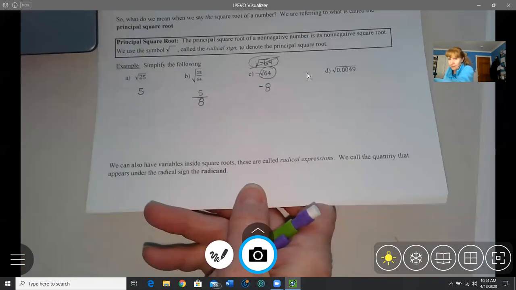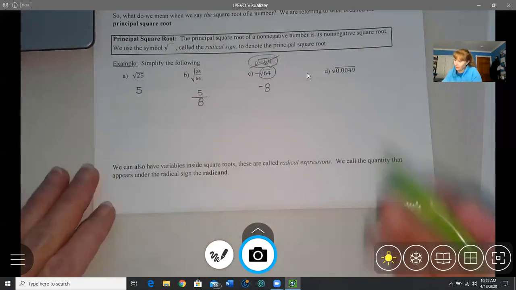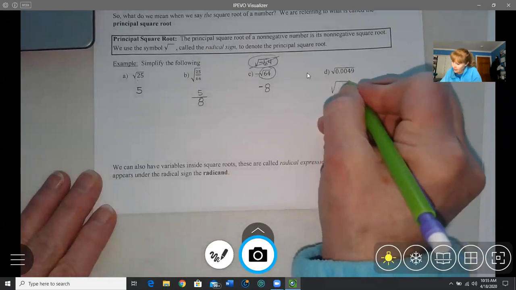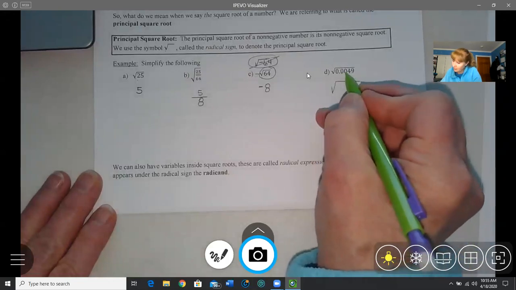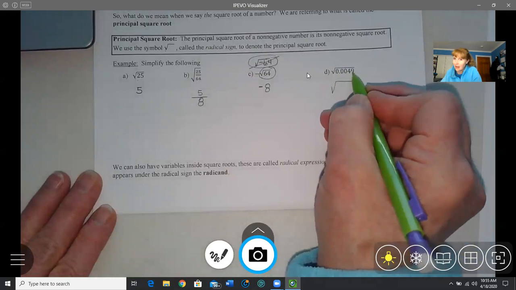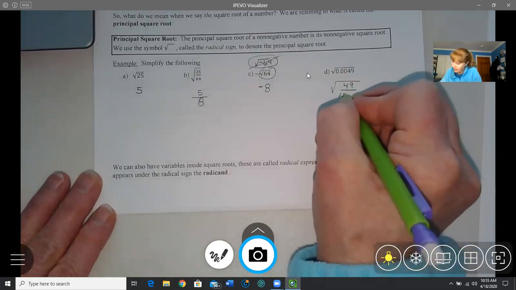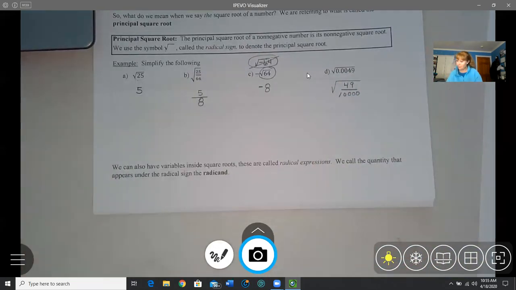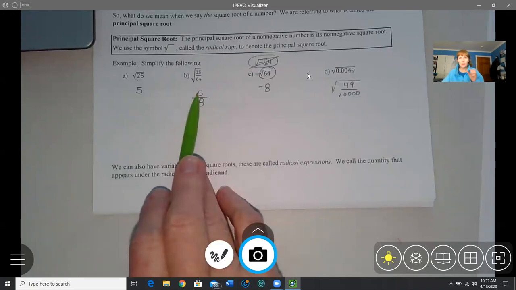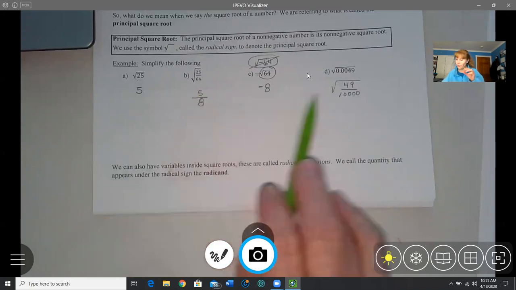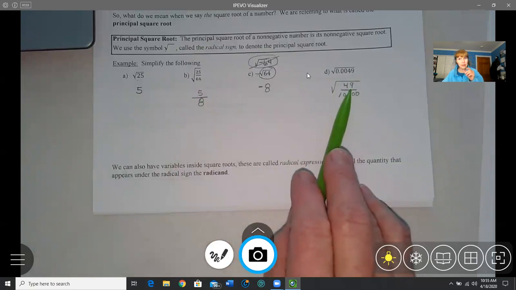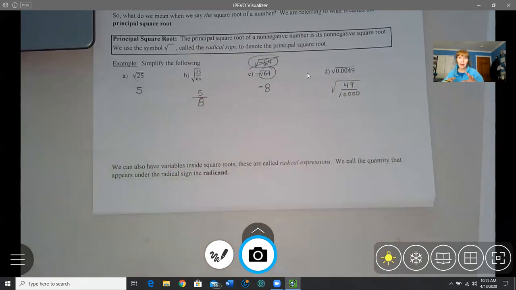So here, I'm going to rewrite this. Now this is tens, hundreds, thousands, 10,000s. So this is 49 over 10,000. Now you can find that this is just like B. When they're both under the radical, you can reduce them separately and make them a fraction.